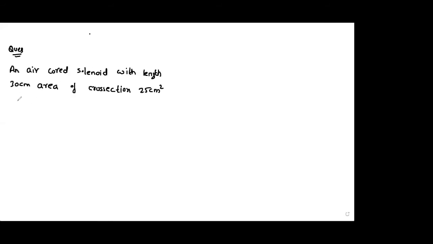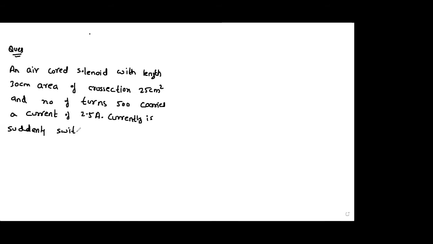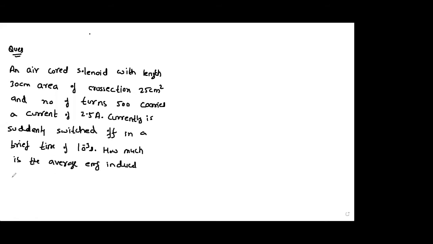So just one more question on self-induction, then we'll start calculating energy. If you want a hint for this numerical, for induced EMF you can use this relation, minus L di over dt.